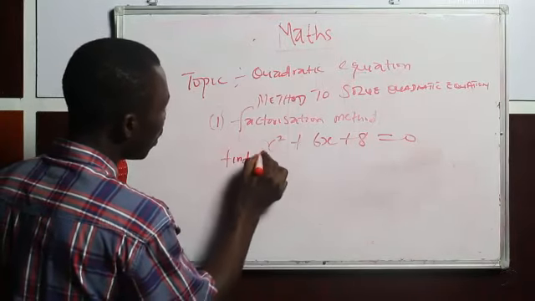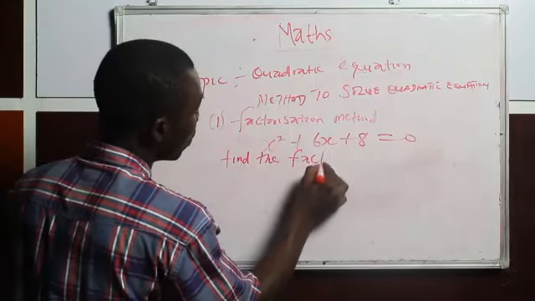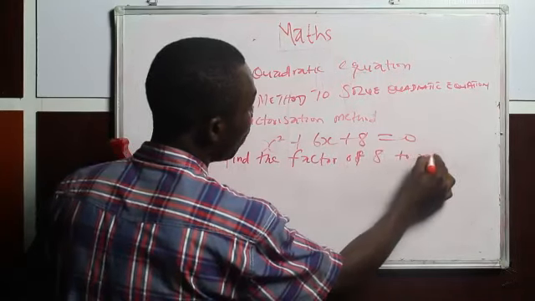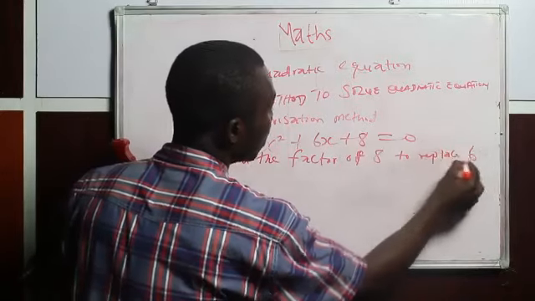We have to find the factors of 8 to replace 6x.